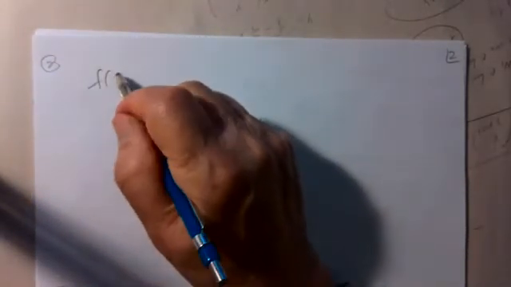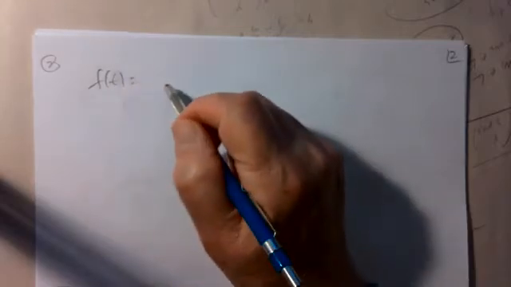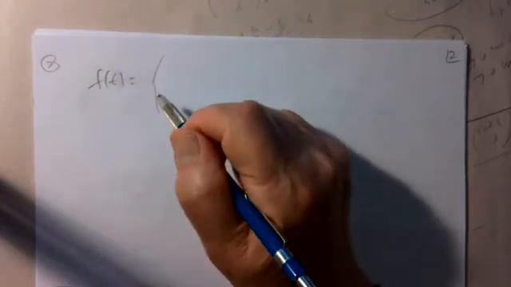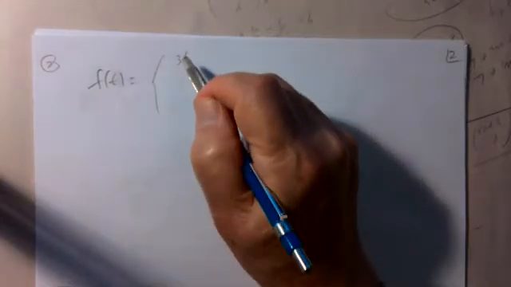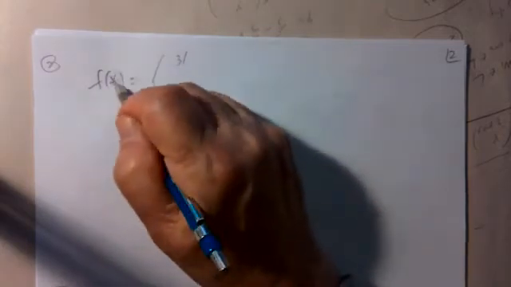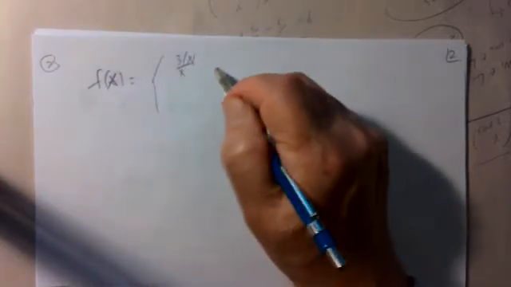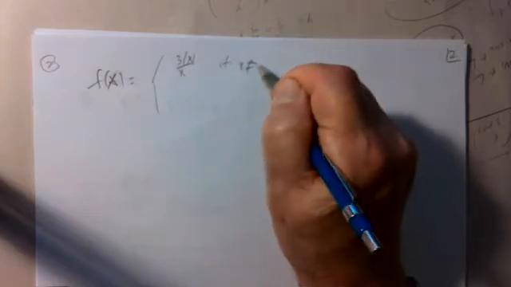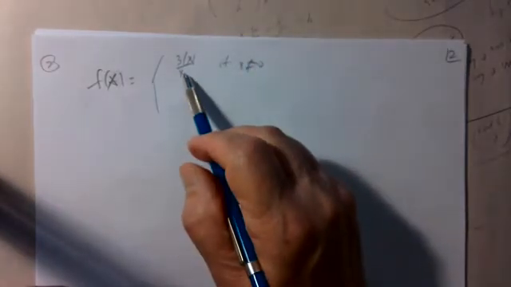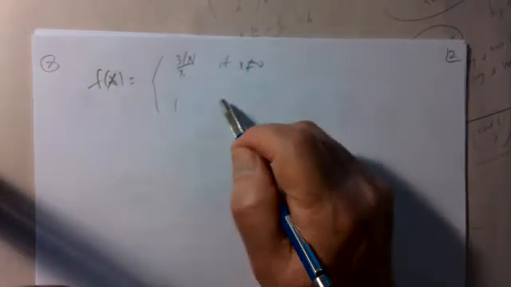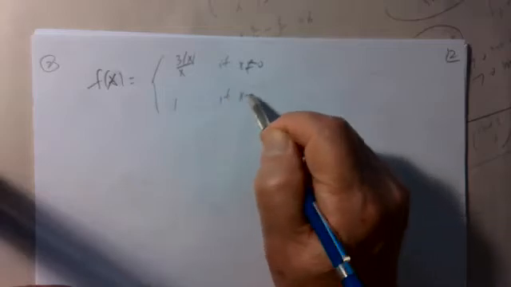Problem 2, we have the function which is defined as follows. f of x is equal to 3 times the absolute value of x over x if x is different from 0. This is not defined when x equals 0, but it's defined to be 1 if x equals 0.